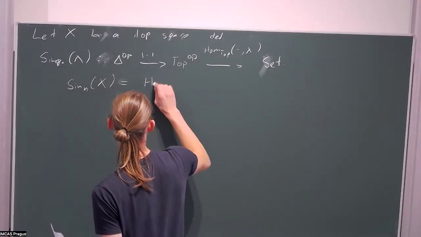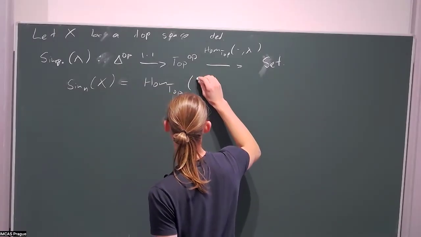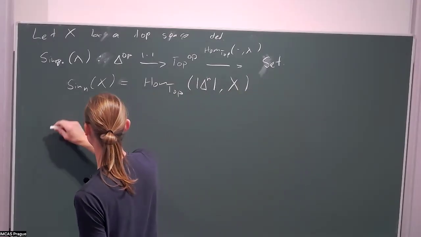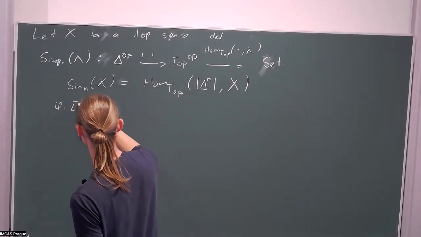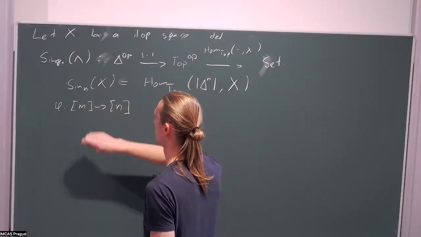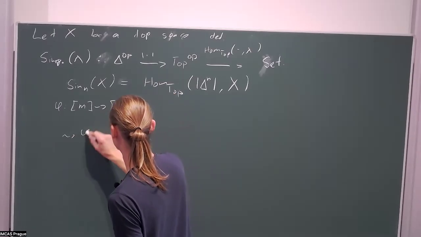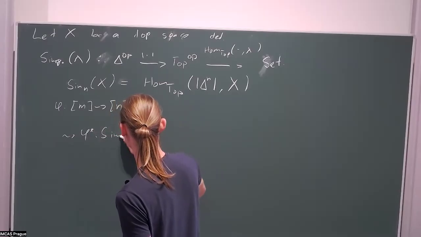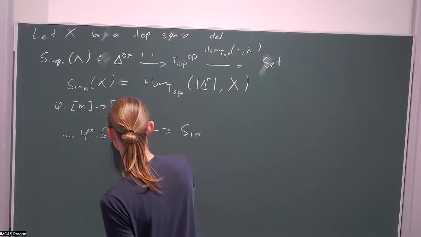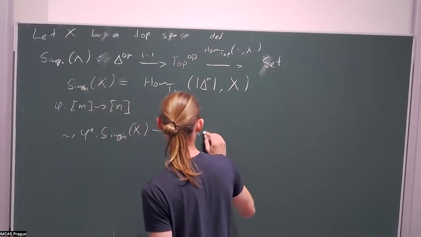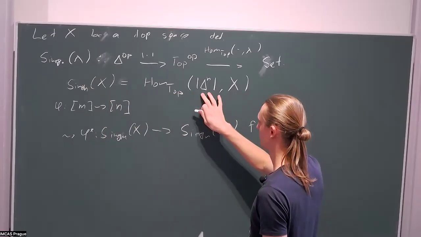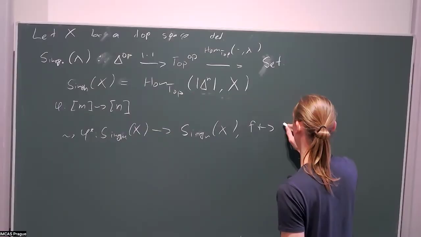Those are just continuous maps from the geometric realization of the n-simplex to the topological space X. And if I have a morphism phi in delta, then the corresponding simplicial operator from the m-simplices of X to the n-simplices is given by: I take a continuous map from delta m to X and pre-compose it with phi.